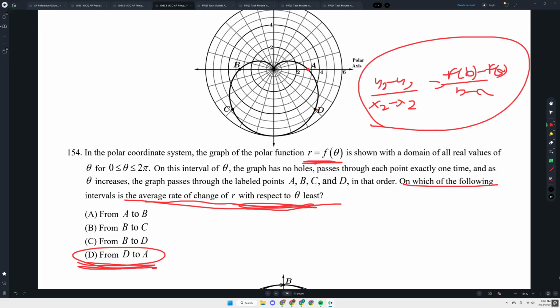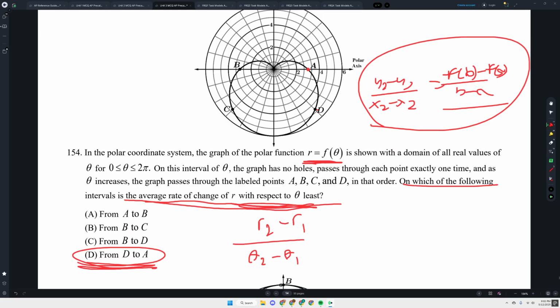So the best way is to test values. It would be theta 2 minus theta 1 divided by R2 minus R1. No wait, never mind. It would be the other way: R2 minus R1 over theta 2 minus theta 1, because theta is your input.